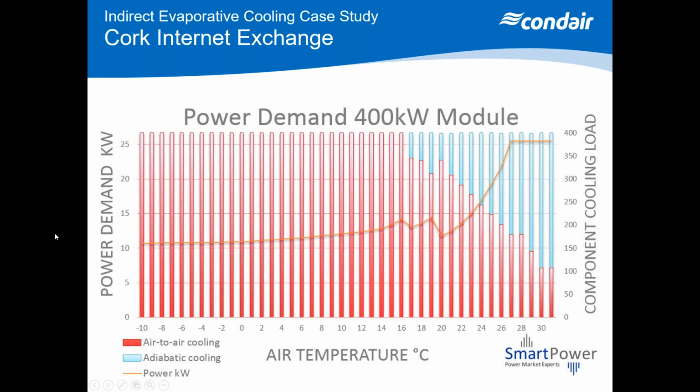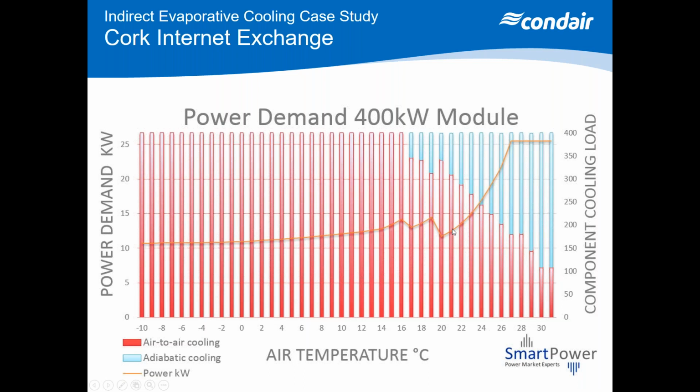When we looked at power demand for the unit, we were, of course, utilising free air cooling, fresh air cooling whenever possible. So when ambients were lower, we got a sensible, moderate power demand in kilowatts because we were just running the fans.